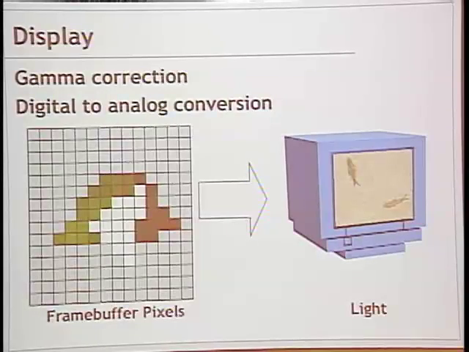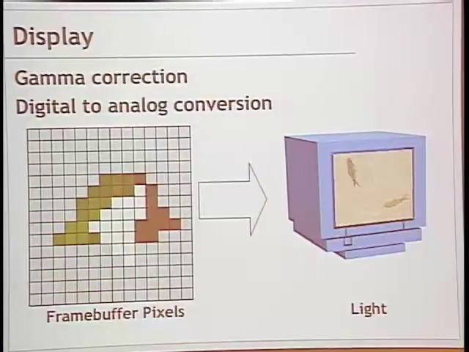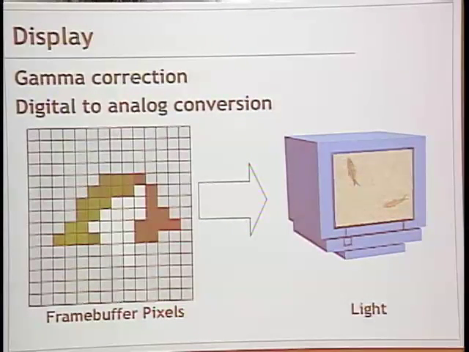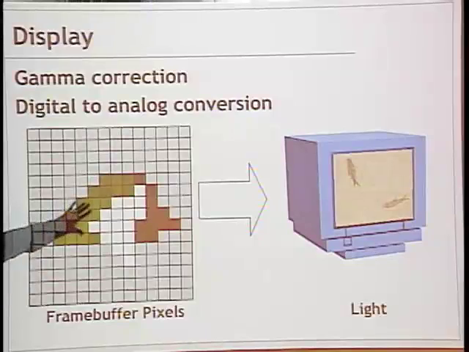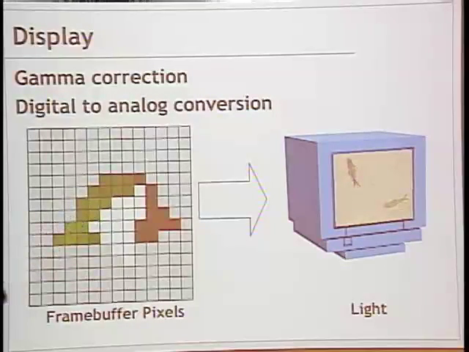Although today, everybody has these cool flat screens, so you never really have to go to analog at all. There is a procedure here that's called gamma correction. We will talk about that later in class, but it's basically tweaking the values of the colors so it ends up matching some really nifty things in our brains about how we interpret colors. So it's kind of a cool discussion when we actually get there. But eventually I have to turn these values into light. And that's sort of the final stage.